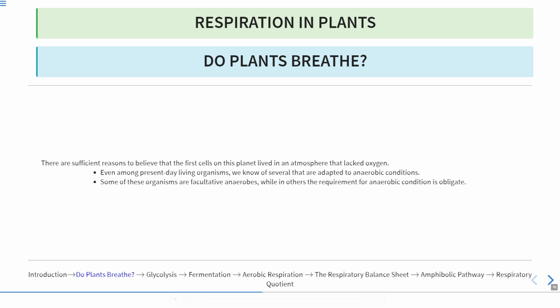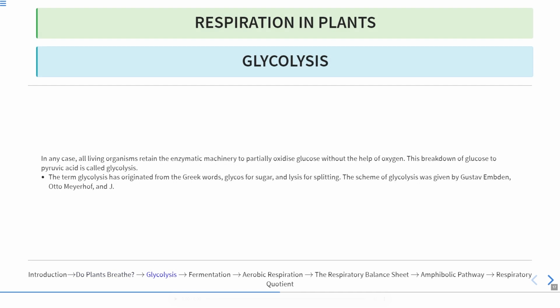So two types of anaerobes we have. In any case, all living organisms retain the enzymatic machinery to partially oxidize glucose without the help of oxygen.